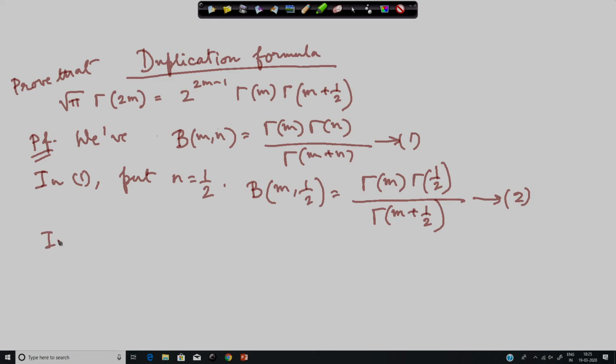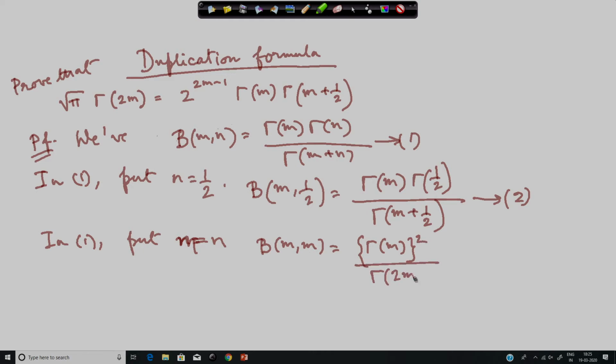Now, again in 1 you put n equal to m. So beta m m becomes gamma m whole square by gamma 2m. Why have I substituted n equal to m? Because we need that term gamma 2m also. So this is 3.